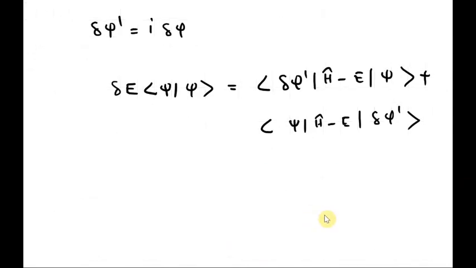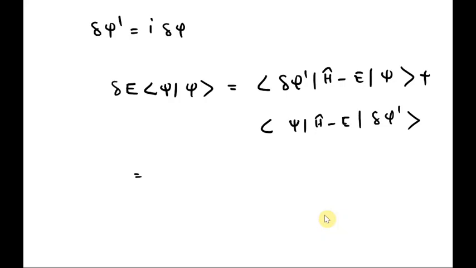Now I know that delta psi prime is nothing but i delta psi. So I just have to take that complex number remaining outside and substitute it here. So delta psi comes here and then i comes out. The i coming out from the bra is going to be minus i. Then an i will also come from the other term. So with the minus 1 coming out, this term will become negative.